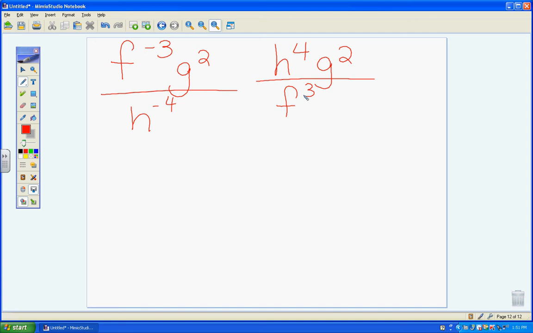So if it was on top, it's got to go down on the bottom. This is also a negative exponent. But since it's on the bottom, I need to move it to the top. So we just rewrite our problem. Can we simplify anything here? There's absolutely nothing that can get crossed out. Why? The variables are all different.